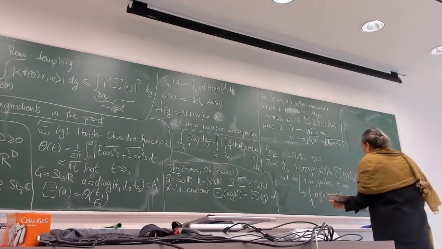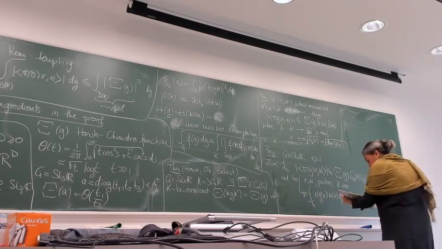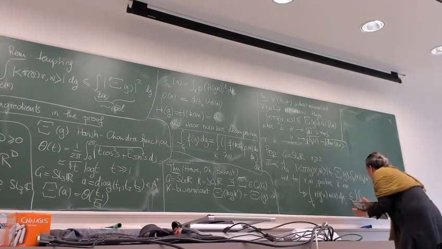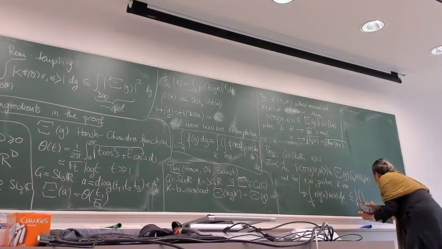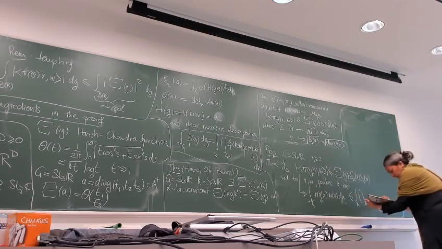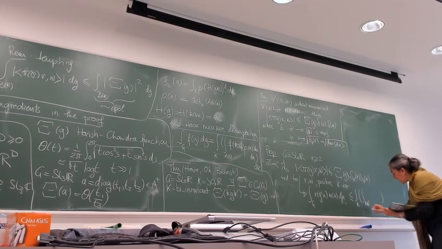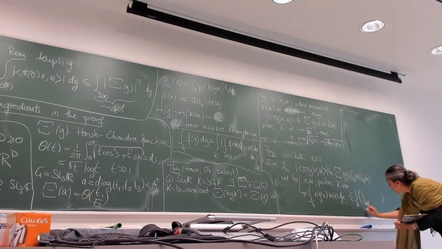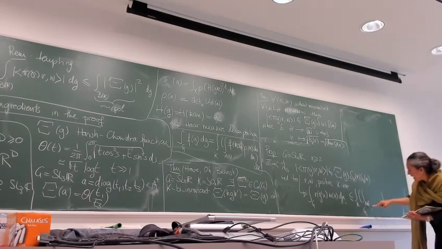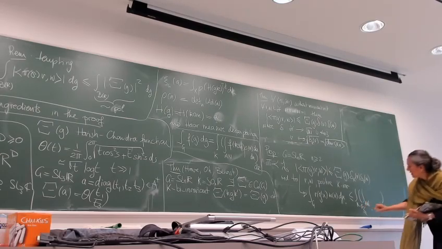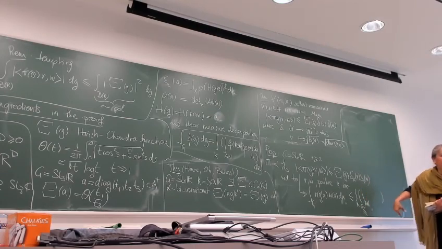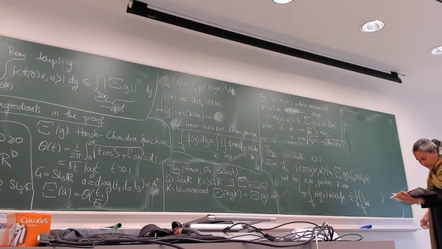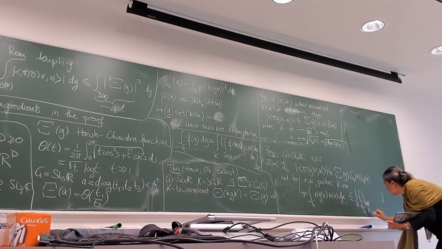And so then you use the Haar measure decomposition, and you write it as K, and then AN, and then on AN you're going to use Cauchy-Schwarz, and then reassemble your thing smartly to get the norm of v, the norm of w.